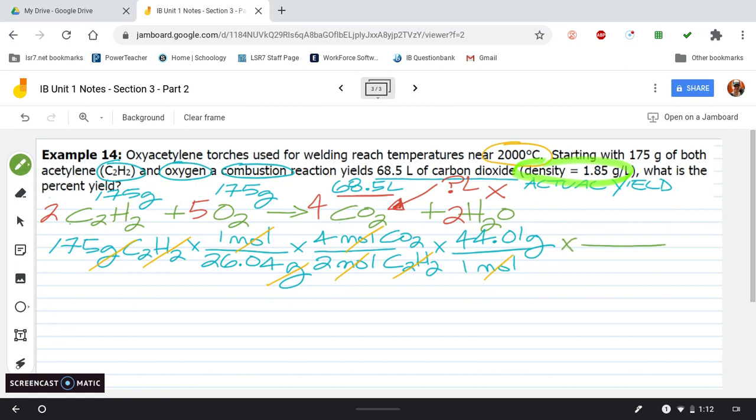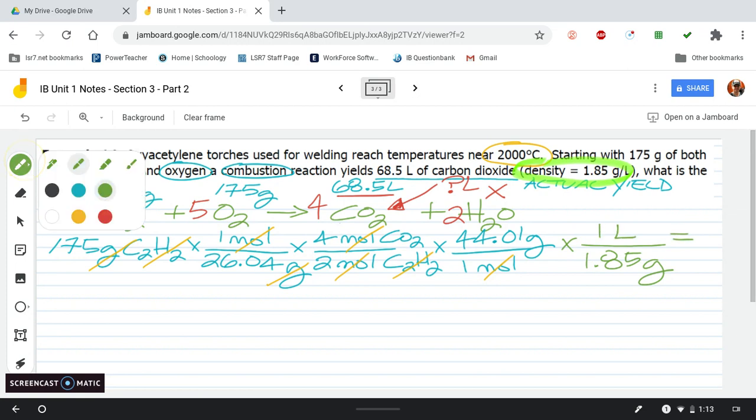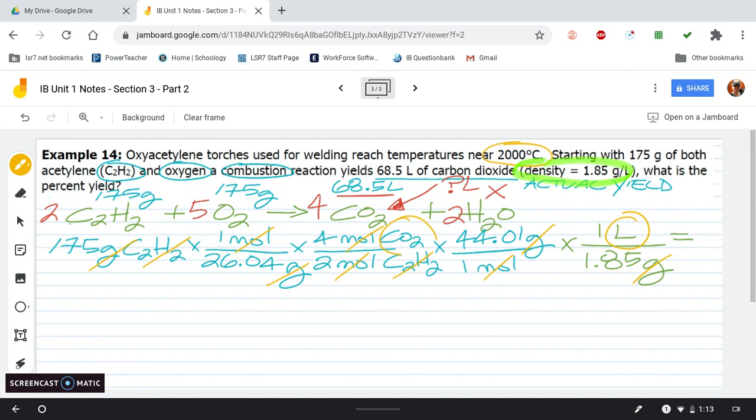We're going to use, on the bottom, 1.85 grams. The reason it's on the bottom, I want the grams to cancel. So it's 1.85 grams for every 1 liter. Okay, so if you look, grams top and bottom, we're left with CO2 and liters, which is exactly what we want.